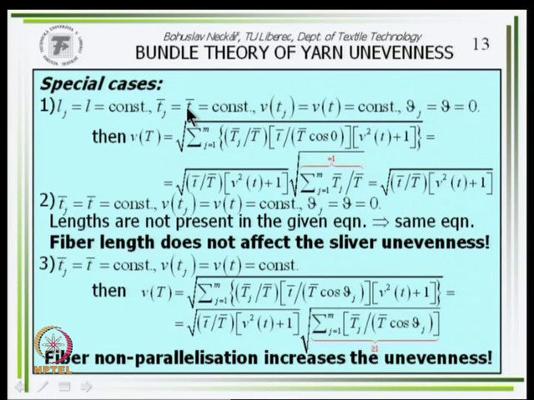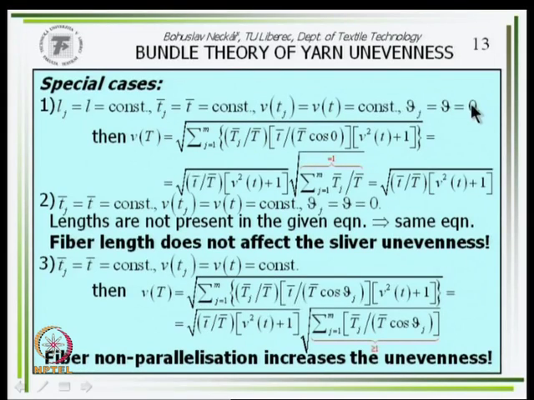Mean fiber fineness is the same. Coefficient of variation of fiber fineness is the same. The angle of fibers in relation to the longitudinal direction of the sliver is the same and equal to 0.